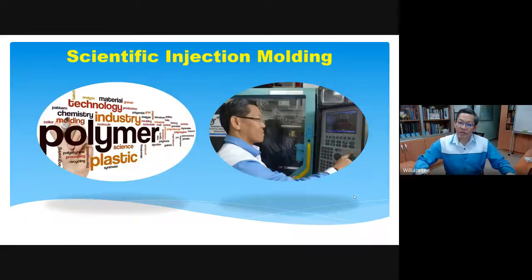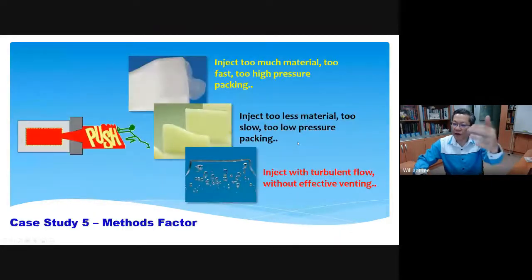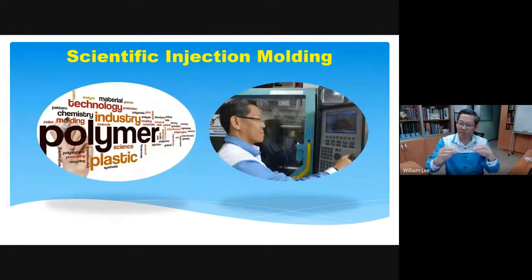So therefore, we need to develop a process. We call this a strategic process. And since I mentioned that manufacturing is a science, you need to develop a strategic process called scientific injection molding. Because you have so many parameters, remember you have temperature, pressure setting, time setting, speed setting, and also distance setting. Too many variables. You must develop a traceable, standard process, right?